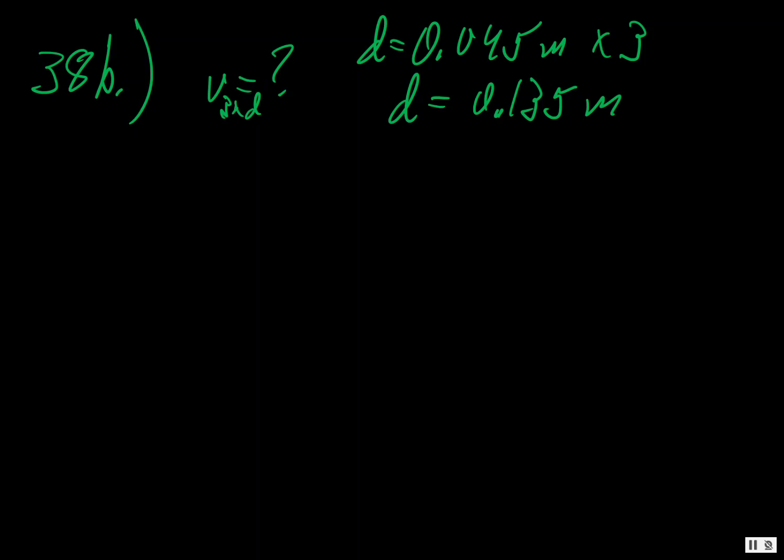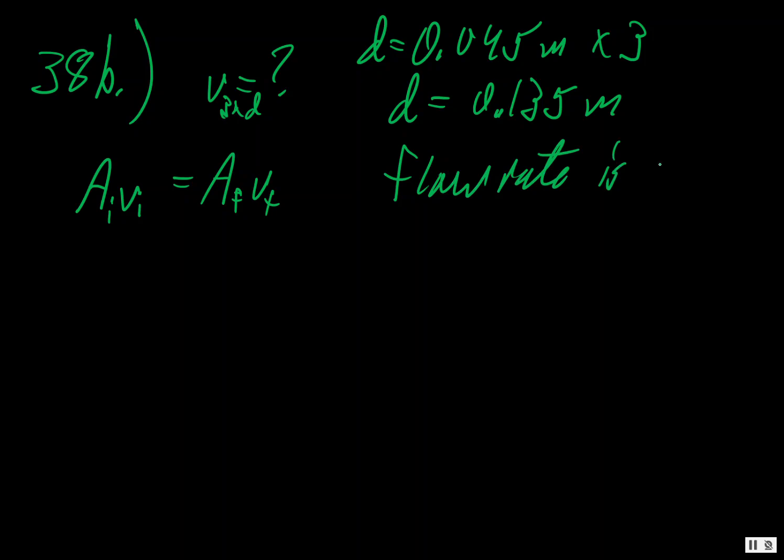We have the cross-sectional area of the pipe times the initial velocity, that's initial, or 1, equal to the cross-sectional area final, or 2, times the final velocity. And if you want to use 1 and 2, that's fine. Now, remember, the flow rate is constant.